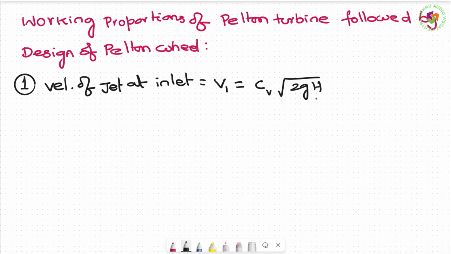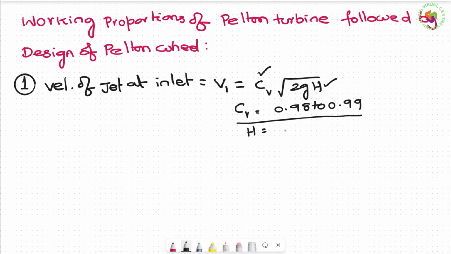Knowing the net head, and the coefficient of velocity Cv may vary between 0.98 to 0.99. If nothing is given, you can take it like this and calculate directly the velocity of jet at inlet. So knowing the H value and Cv value, we will be able to calculate V1. H is the net head, as already mentioned.